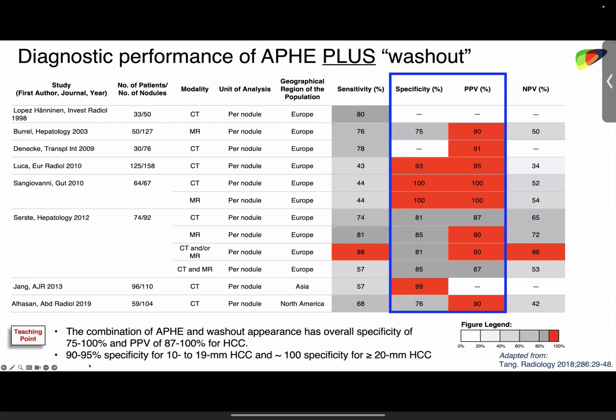If we stratify for observation size, for 10 to 19 millimeter HCC, specificity is high, 90 to 95%, and for observations equal or larger than 20 millimeters, it is nearly 100%. Hence, the rationale for listing patients for transplant eligibility or for treating patients without biopsy confirmation if the LI-RADS 5 category is met.